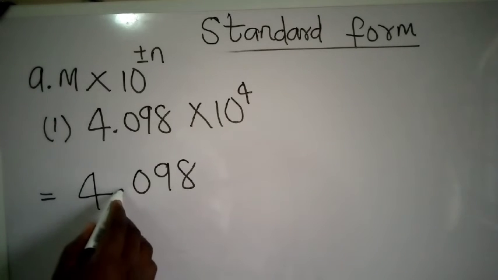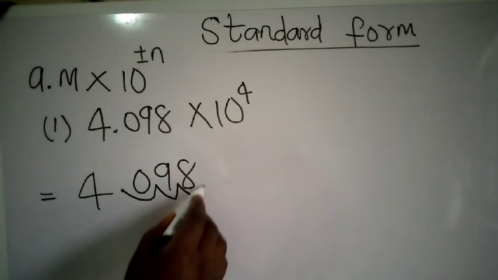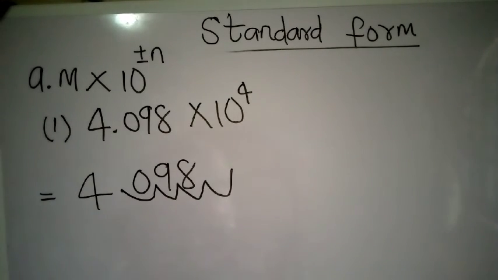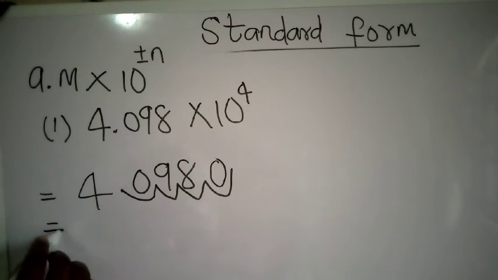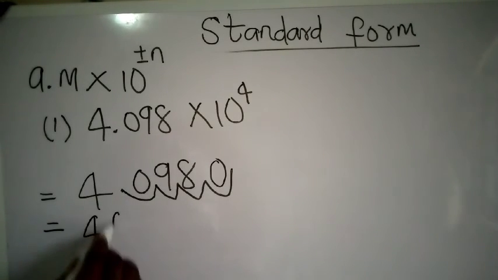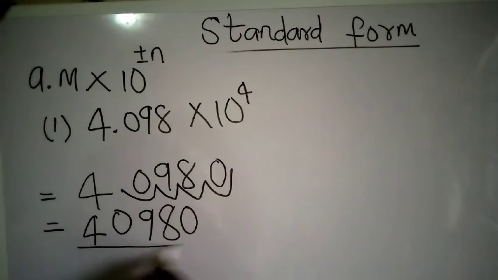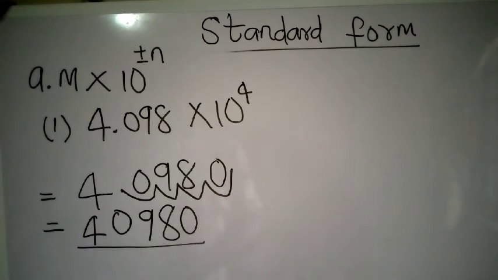That is from here, that will give us 1, 2, 3, and 4, because the 10 is raised to a positive 4. I'll fill up here with 0. That will give me a final answer of 40980. That's the answer for that. I've expressed this number in standard form as an ordinary number.